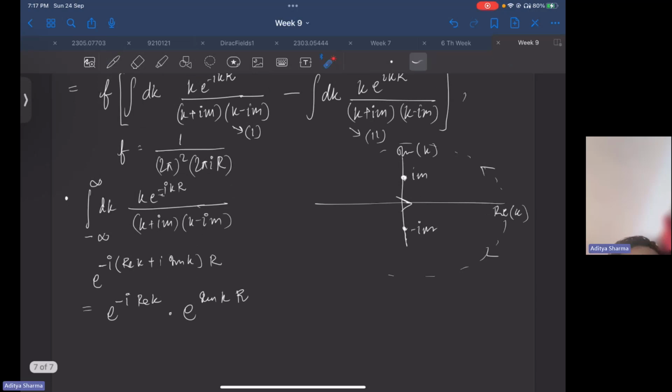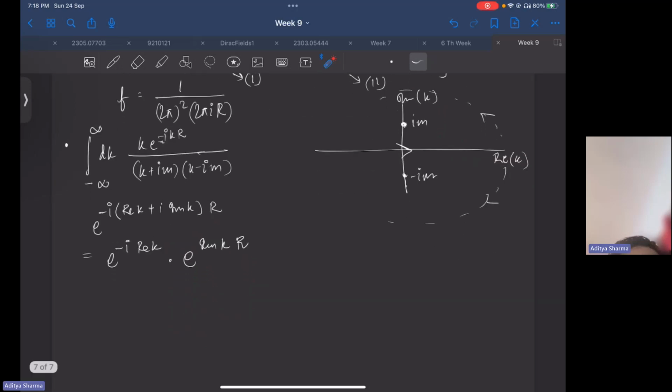Now, if you try to close the contour above, the imaginary k will be positive, and you're taking it to infinity, so this portion will have an infinite contribution. So you don't know how to evaluate this part.